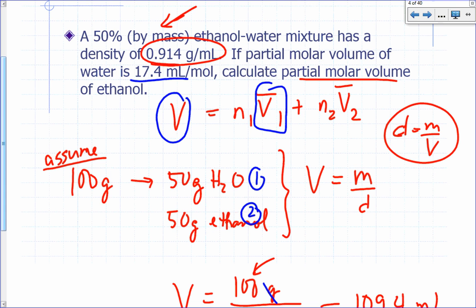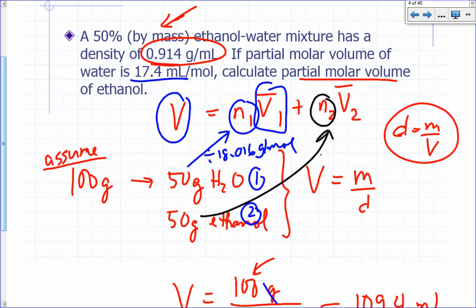We know moles of component 1 because we're assuming 50 grams, so divide that by 18.016 grams per mole. And we know the moles of component 2 because we also have 50 grams of ethanol. So I divide that by the molar mass of ethanol, which is, what's ethanol?